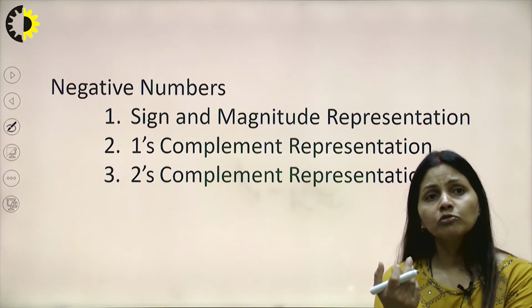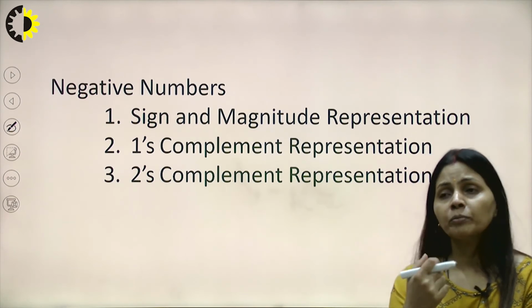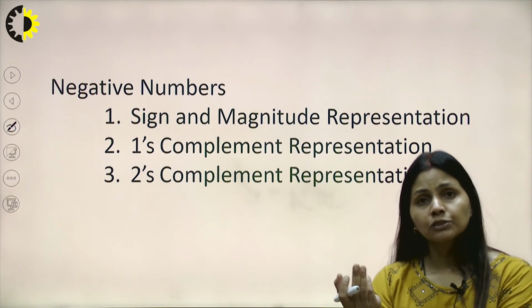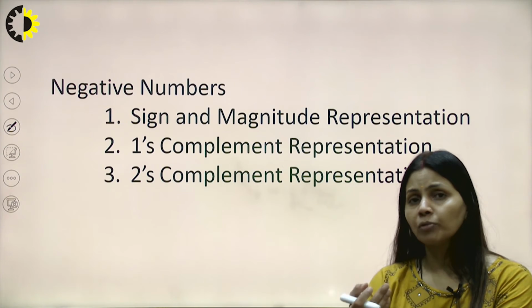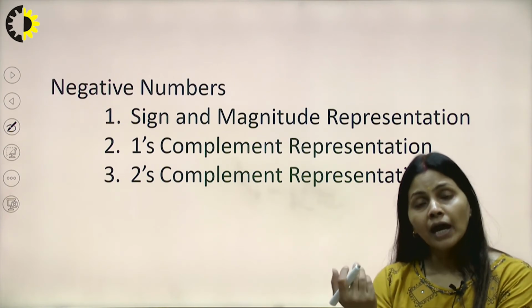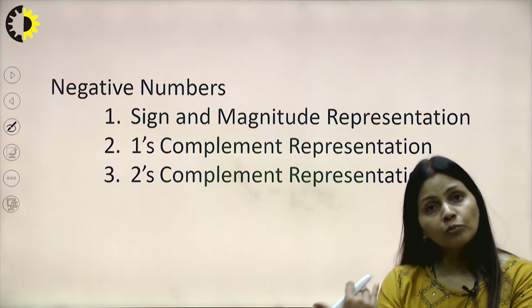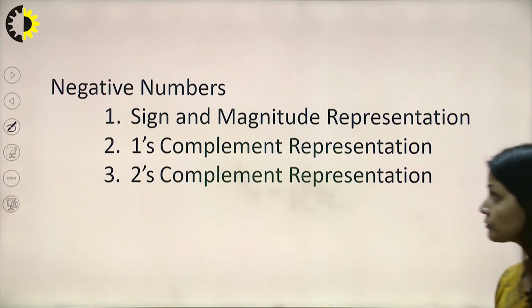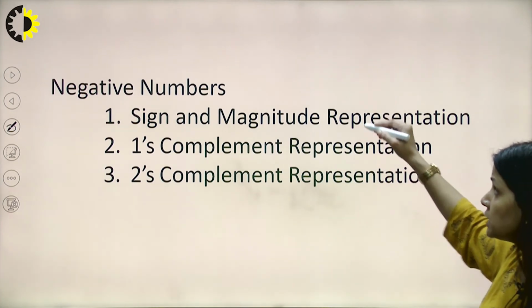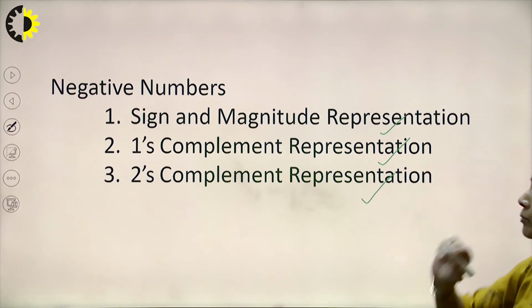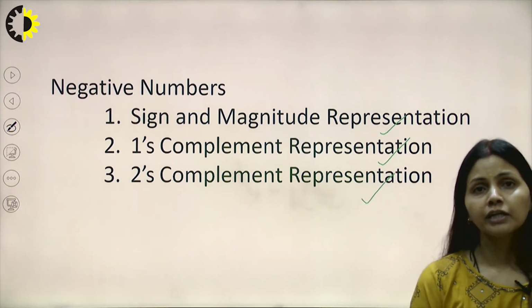If I want to subtract two numbers, I can take the 2's complement or 1's complement and add. That means using adders only I can perform both operations, addition as well as subtraction. So we have basically these three methods for negative numbers: sign magnitude, 1's complement and 2's complement representation.